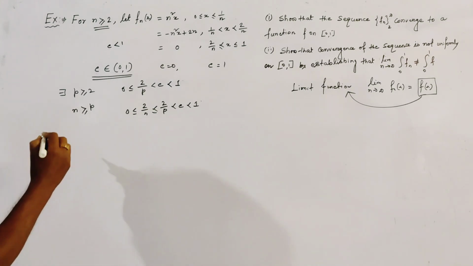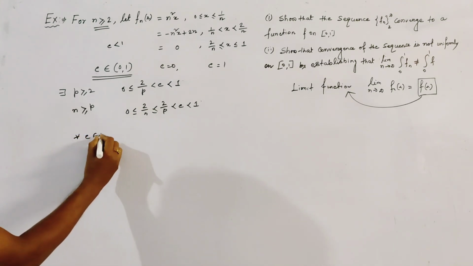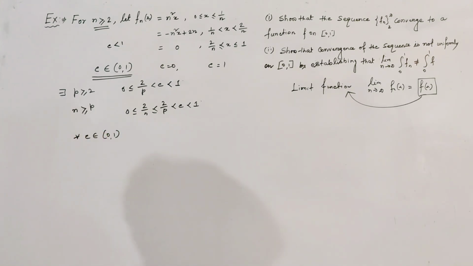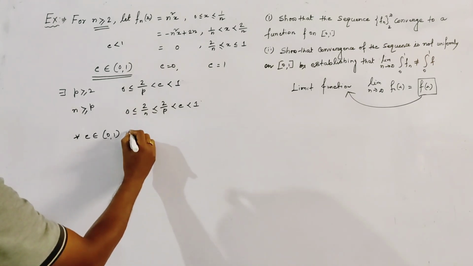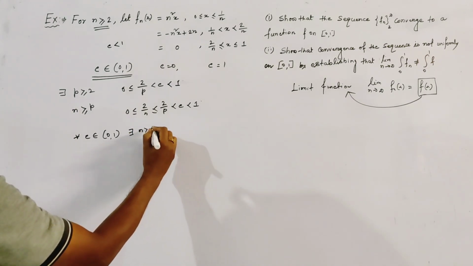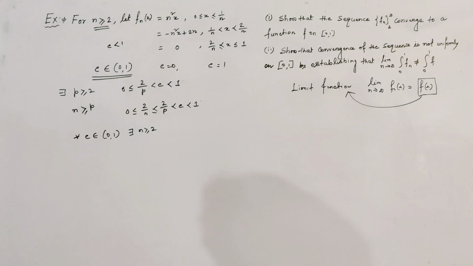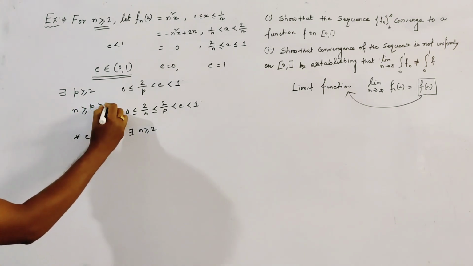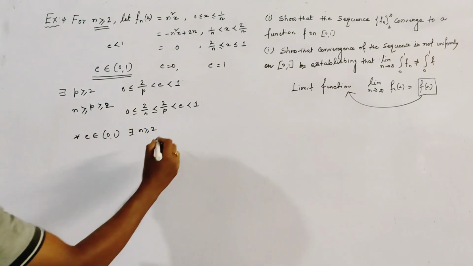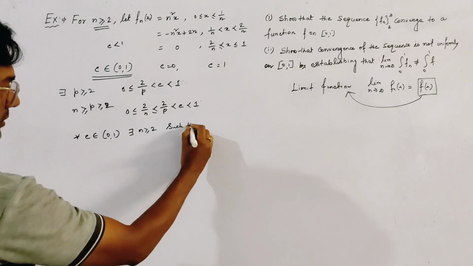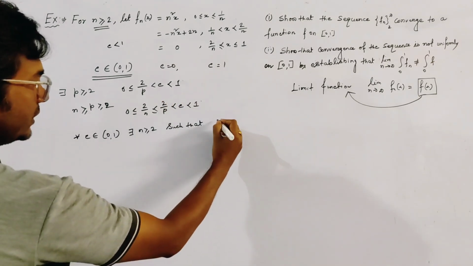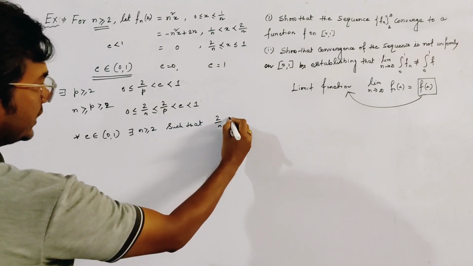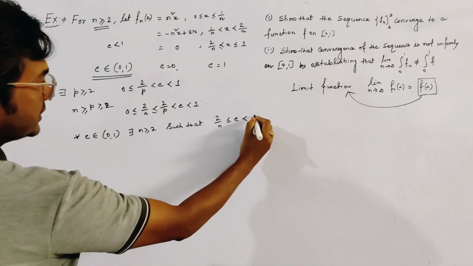That is, for all c belonging to (0, 1), there exists n greater than or equal to 2, because p is greater than or equal to 2, such that 2 by n is less than or equal to c less than 1.